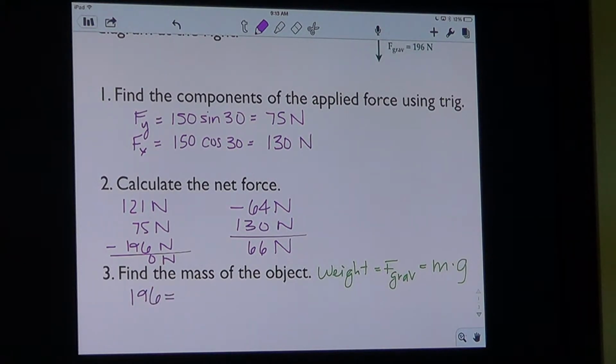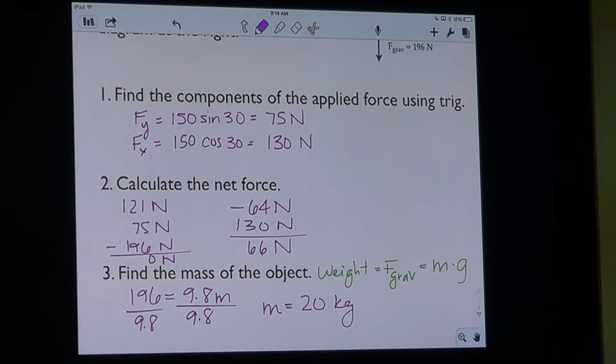And so that will equal 9.8 times the mass. So mass is going to be gravity divided by 9.8. And you should get, what, 20. Okay, so the mass is 20 kilograms.